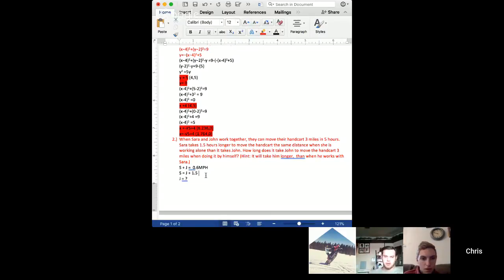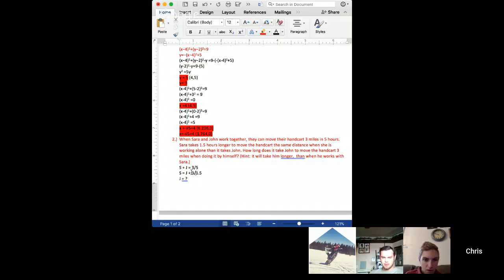But then where does the 3 miles come in? Miles is the constant. It could be 1 mile, it could be 3 miles. If you're setting this up as a fraction, then it all makes sense. So it would be S plus J equals 3 over 5. And then S equals J plus... yeah, I think that's right, because that gives you the same hour longer.